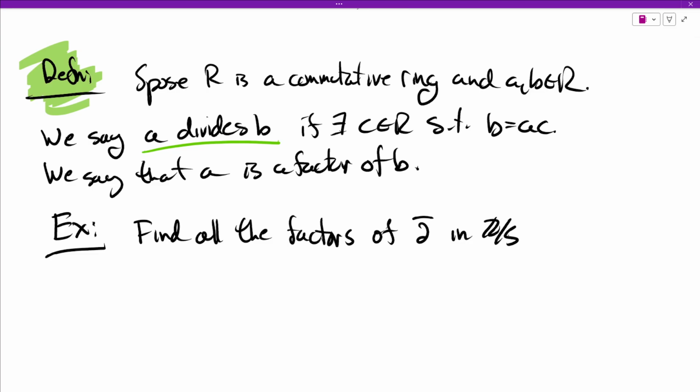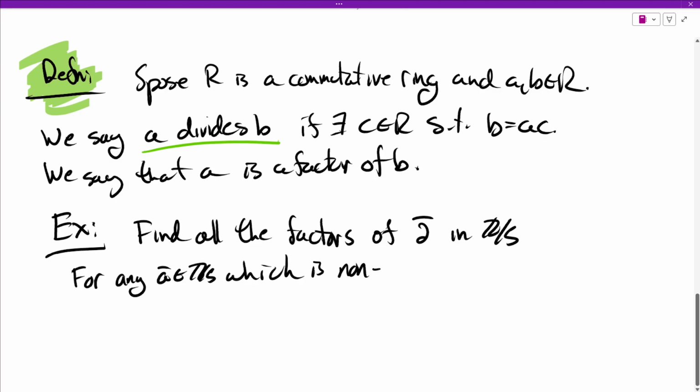All right. Well, Z5 is a field, and if you think back to factors of real numbers or rational numbers, basically everything is a factor of everything else because you can divide. So for any A which is non-zero, 2 we can write as A times A inverse times 2.